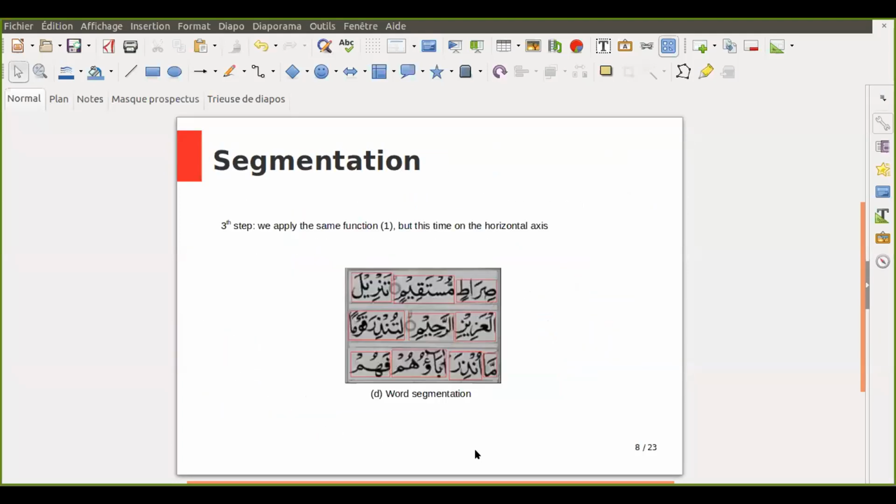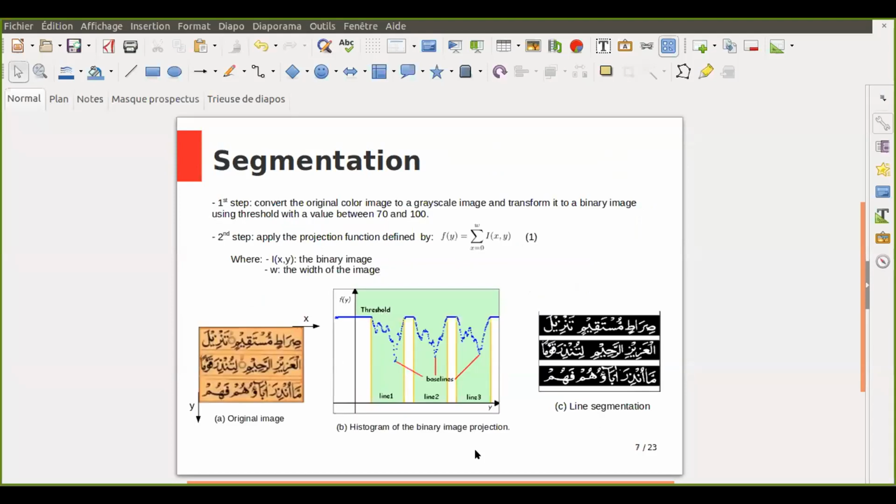But if you look at the second line, this segmentation approach is not efficient. Yes, because we can get two words in one segment.